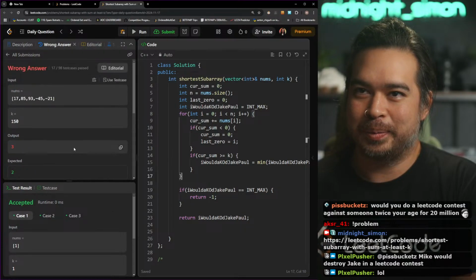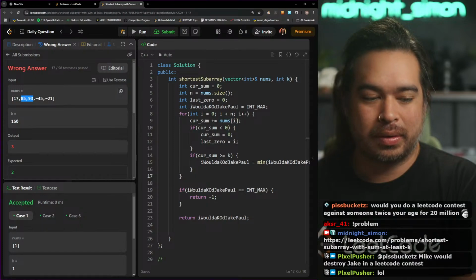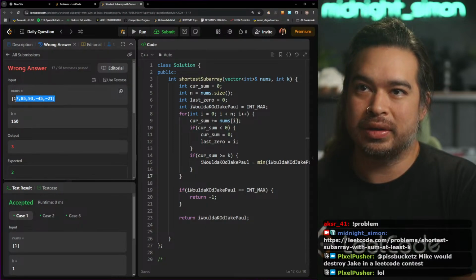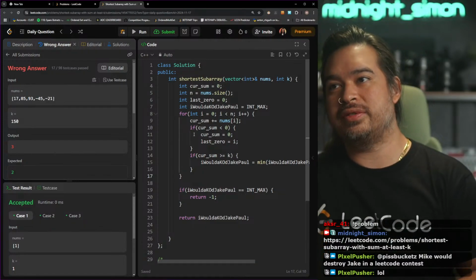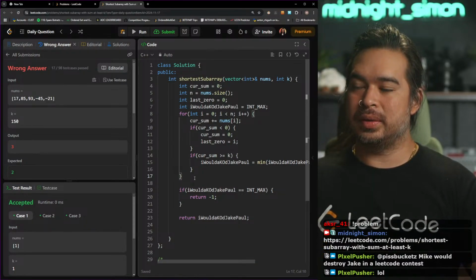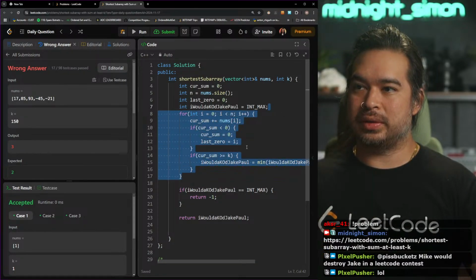Anyways, so how do I know? Maybe I should go from the other side as well. Would that fix it? I'm just gonna copy this.